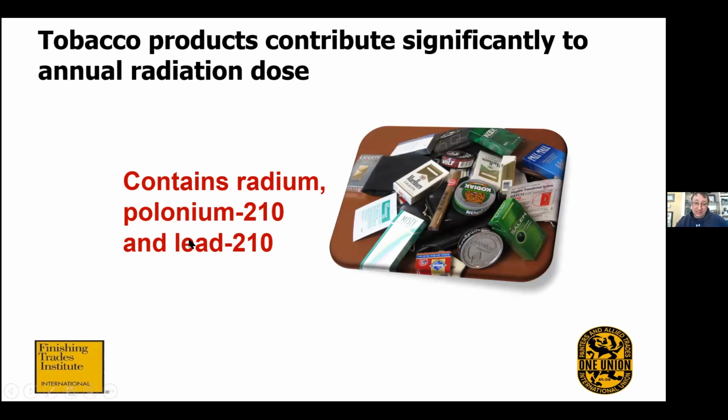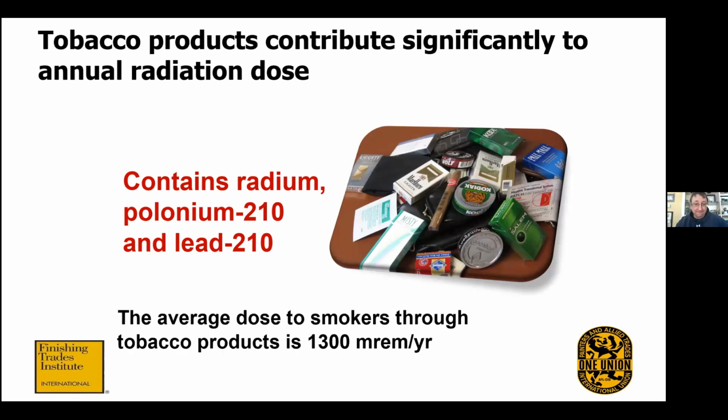Each one has a biological half-life, the time it takes for half of it to leave your body, as well as a radiological half-life, the time it takes for half of that material's atoms to degrade into something different. The average dose from smokers through tobacco use is 1,300 millirem a year. That's a third of the Department of Energy annual dose for a radiation worker.